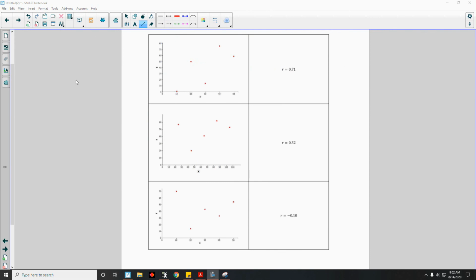Okay, page 6 is a continuation. So we're looking at scatter plots with a given correlation coefficient. In this case, R is 0.71, and it's positive.